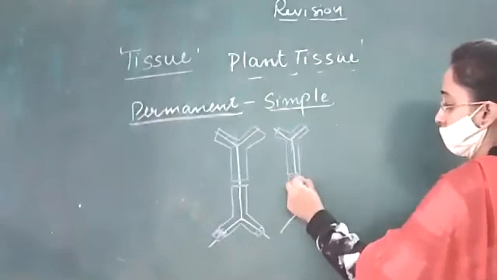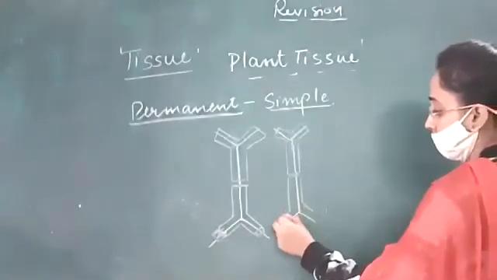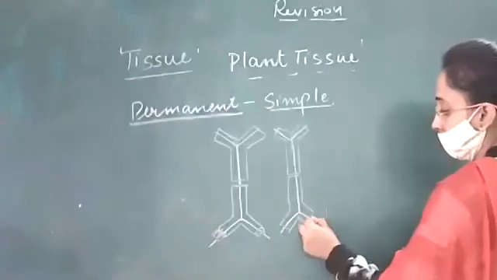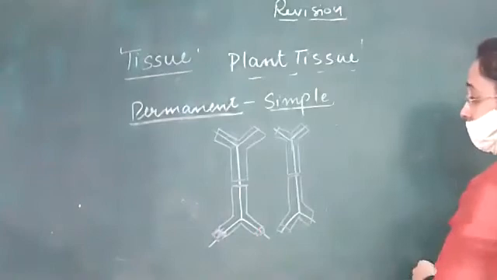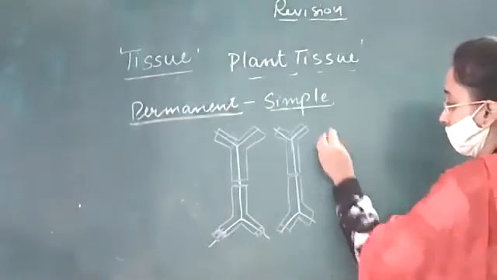Okay. So every cell wall is thickened because of this deposition of lignin, and because of this deposition of lignin, the lumen becomes narrow and the intercellular spaces become less. Like what you can draw here also.